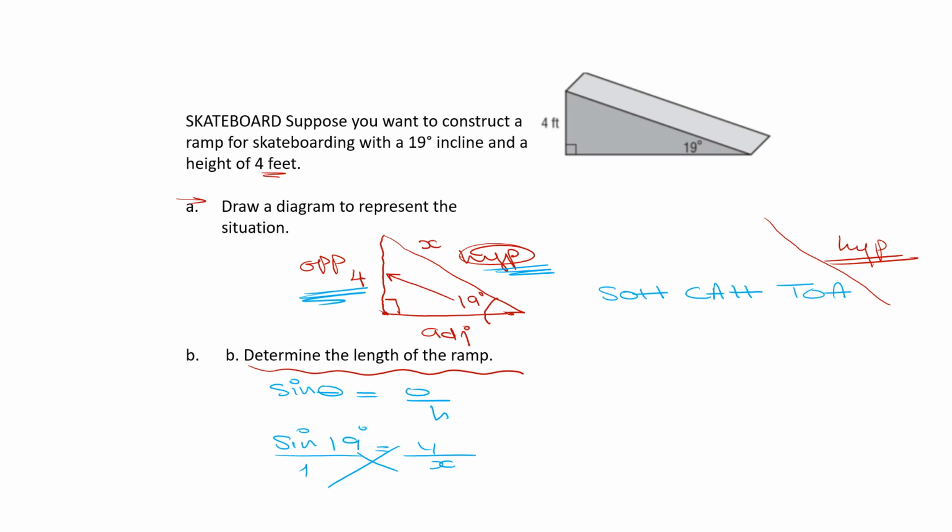Since we need to find x, interchange the places of x and sine 19, so x goes on the top and sine 19 comes at its place and 4 stays as it is. Write in the calculator 4 divided by sine 19 degrees. So you will get 12.286, or 12.29, and the units are feet. So that's all.